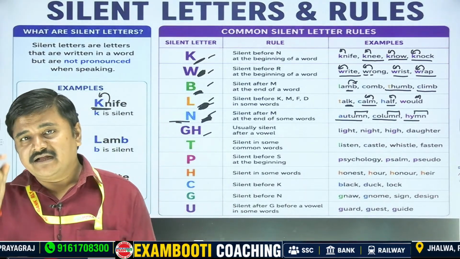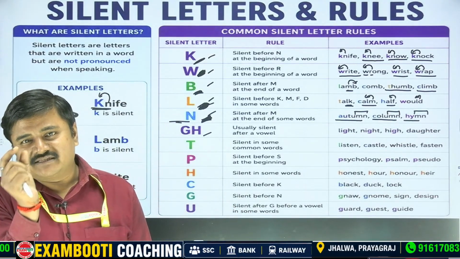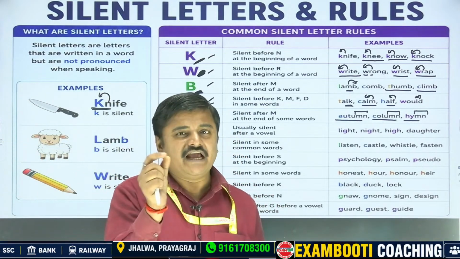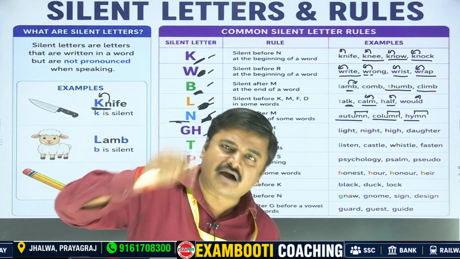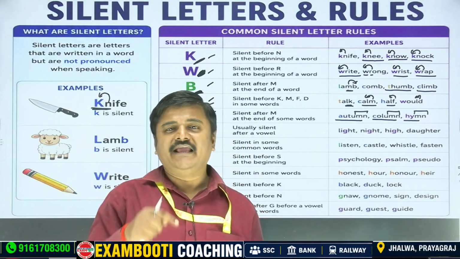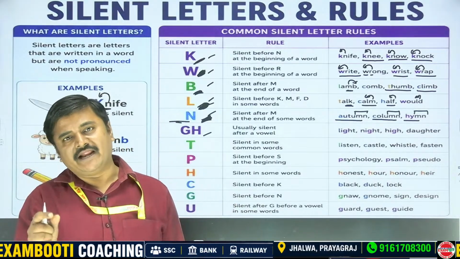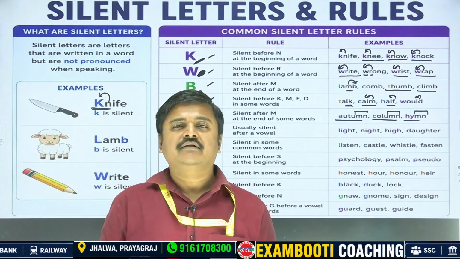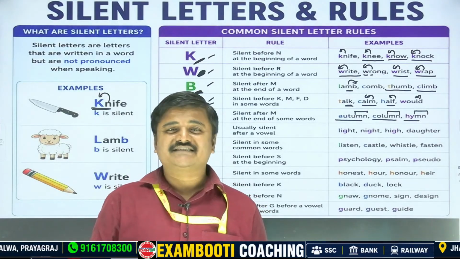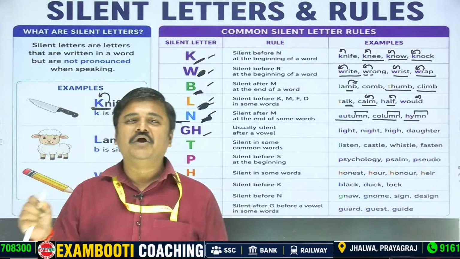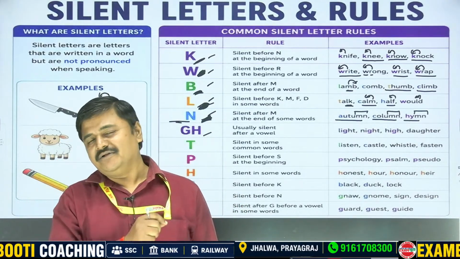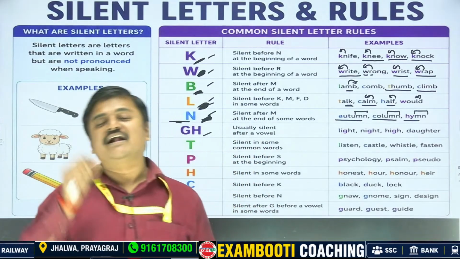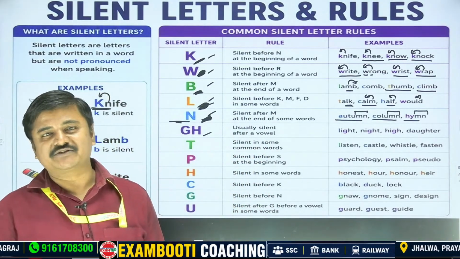If the pair GH comes just after a vowel, A, E, I, O, U, you should understand that GH is going to be silent. You do not need to take trouble to pronounce or spell them at all, my dear students.